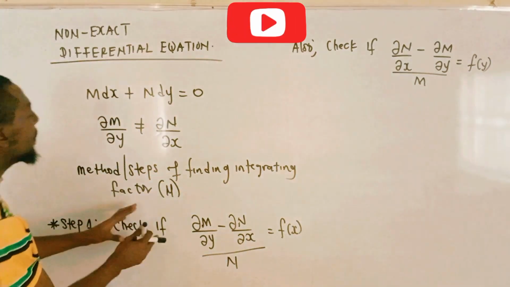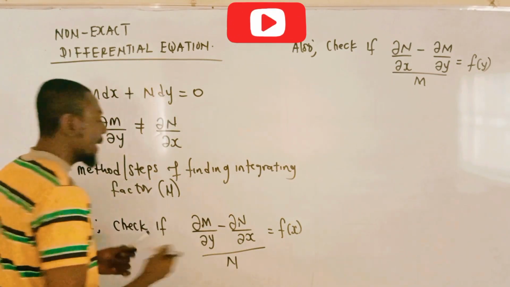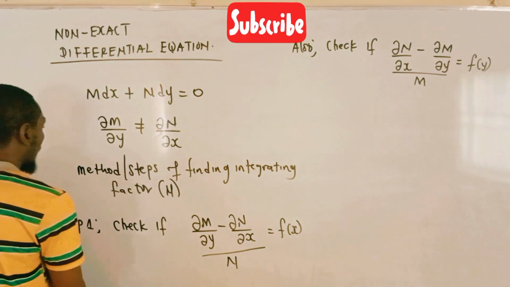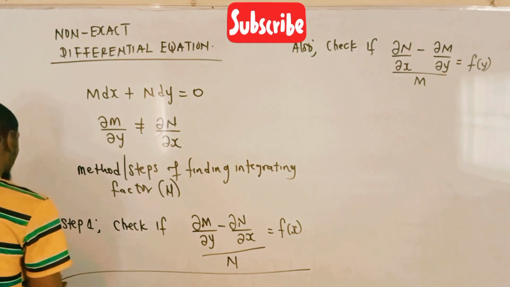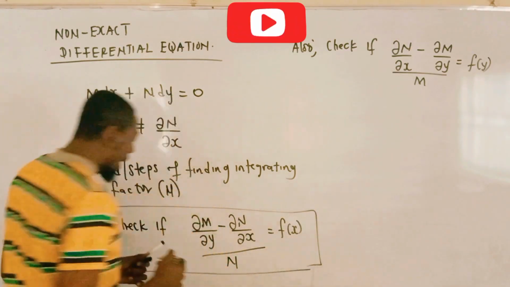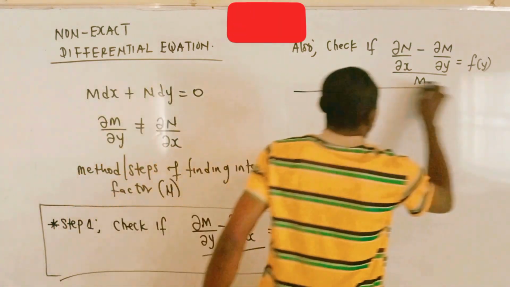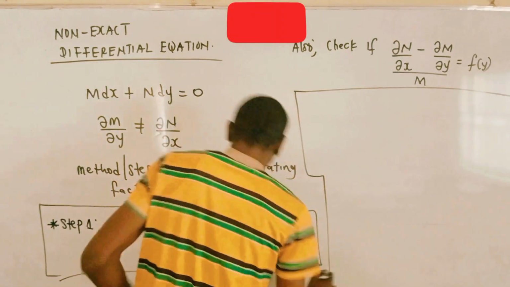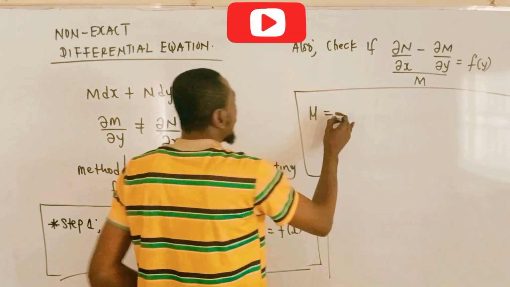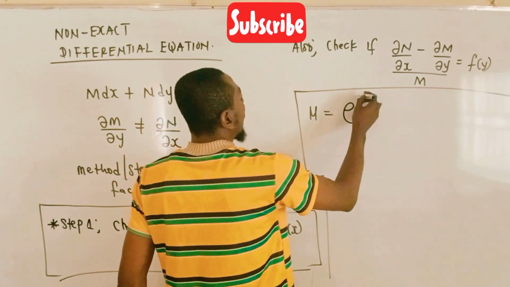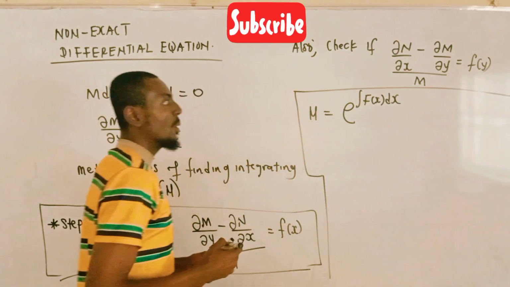So you first of all check if this is actually a function of x. If it is, let's interpret step 1. Assuming we have a function of x, our integrating factor mu is equal to the exponential of the integral of f of x with respect to x.